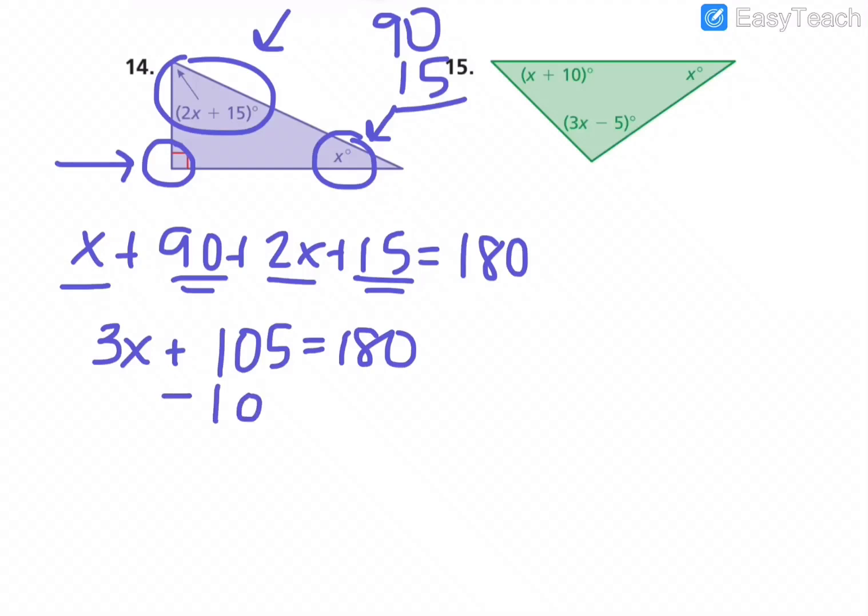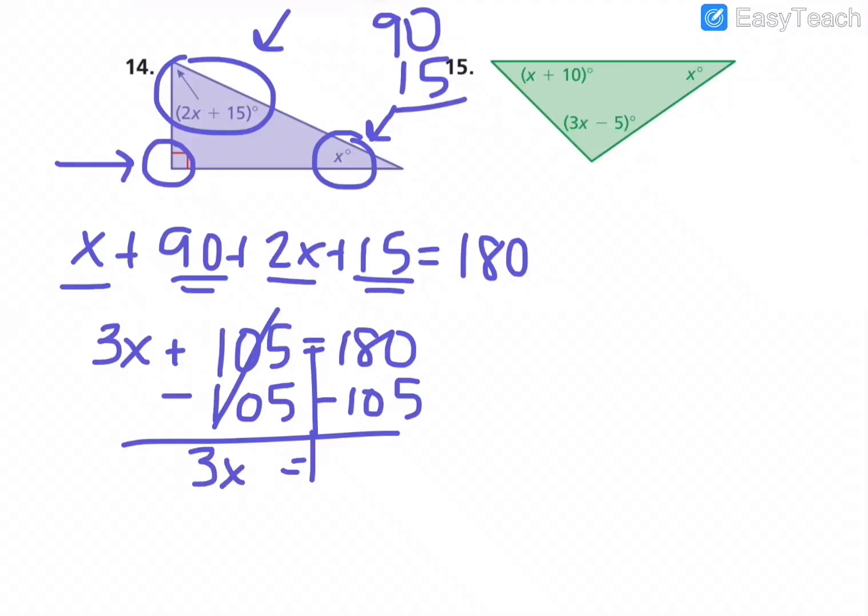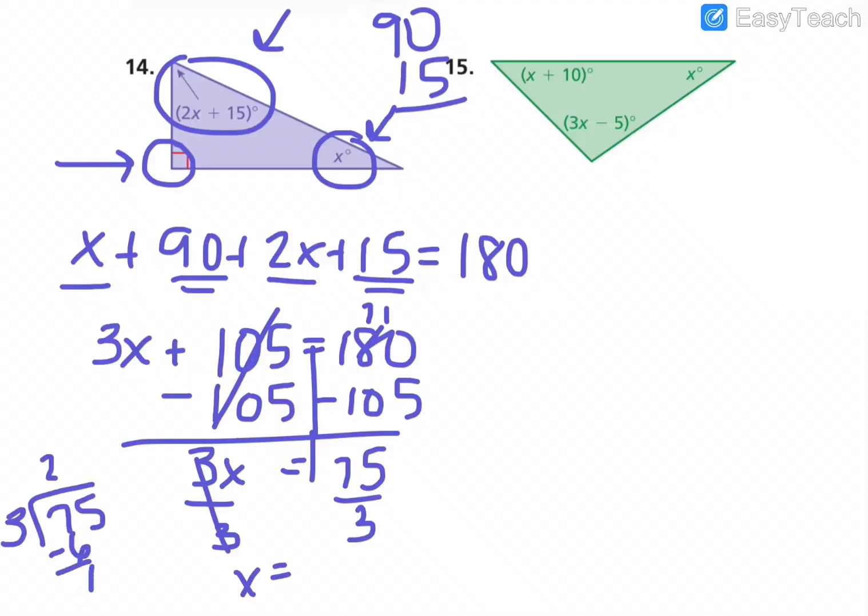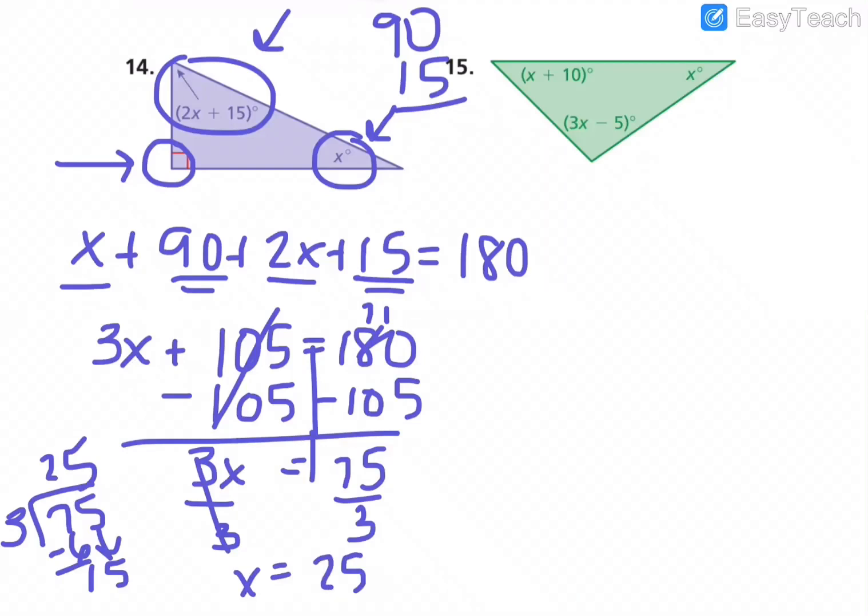So then just solve for x. Three x is 75. Divide by 3 to see what x equals. And I get 25. So that is what x equals.